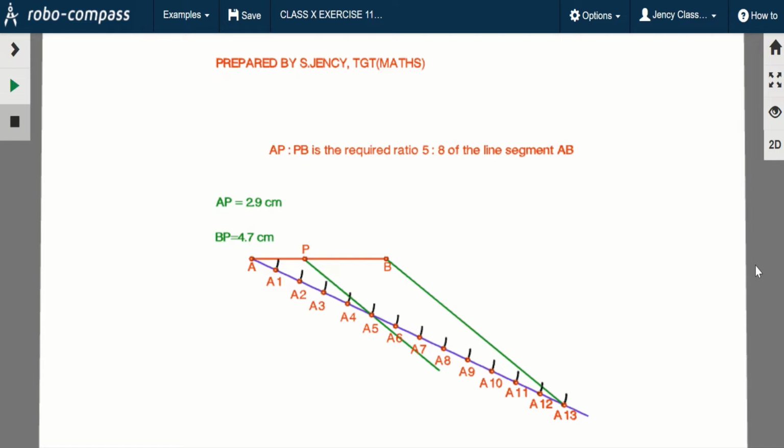Later, I am going to join that B and A13. Next, I am going to draw one parallel line to B and A13 from A5. Right? So, if you measure AP, it is 2.9, and if you measure PB, 4.7. This is our required ratio. Clear this problem?